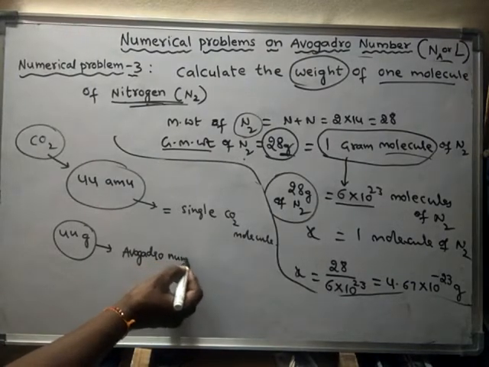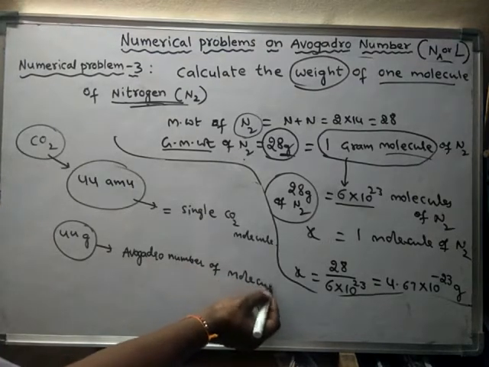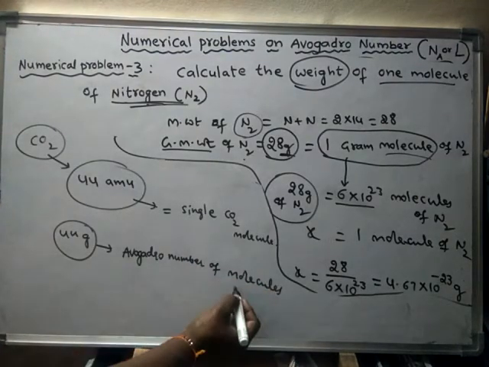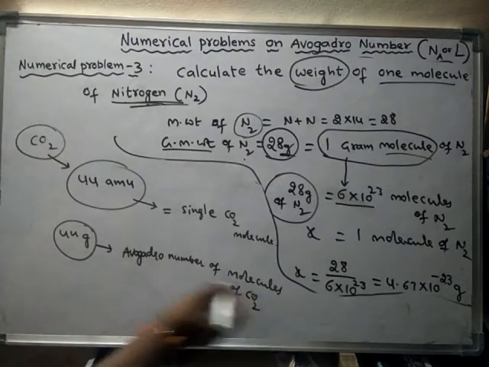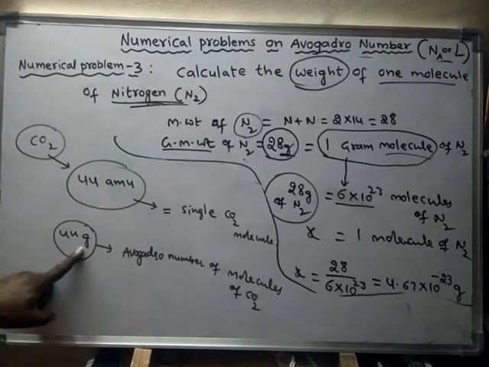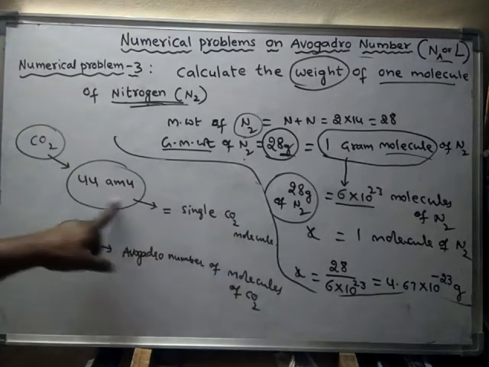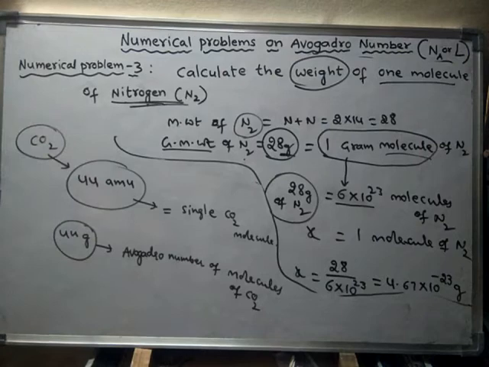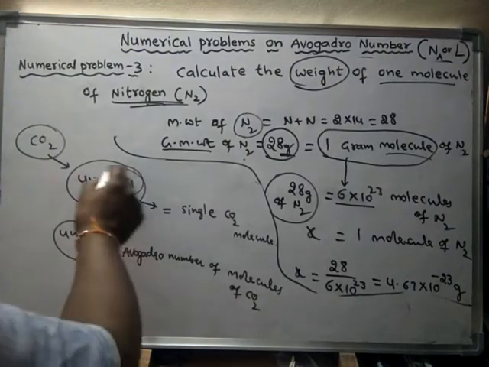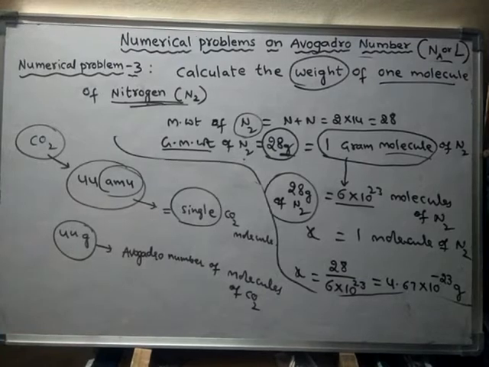The mass of Avogadro number of molecules of CO2 is 44 grams. The mass of a single molecule of CO2 is 44 AMU. So like this, if I write AMU, it is always used for a single atom or for a single molecule.